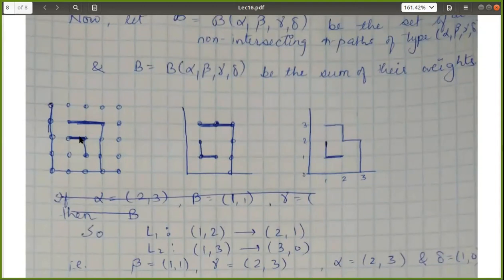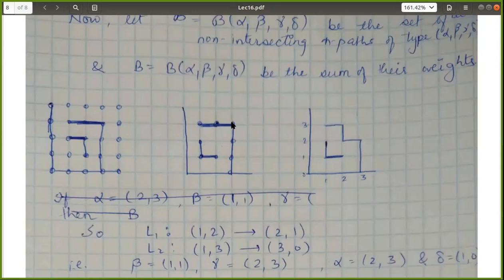The other choice for the first lattice was this. Once you have taken this to be the first lattice and you start here, you cannot go down because you will intersect. So you have to go up, that is certain. Now when you are here, you could either go down or go right. Here I have taken a right and here I have taken a down.